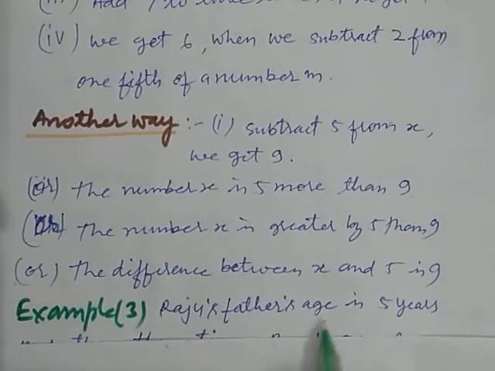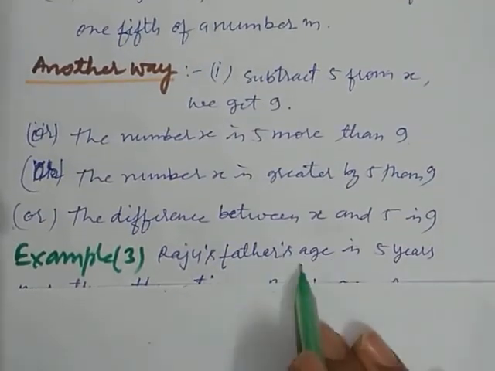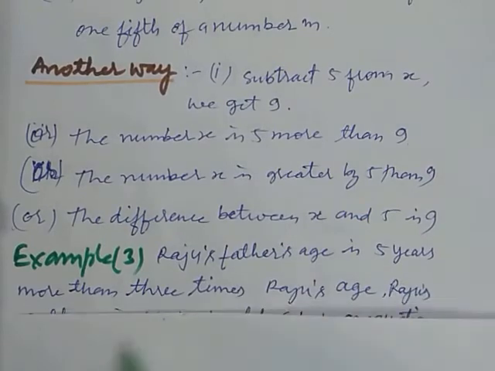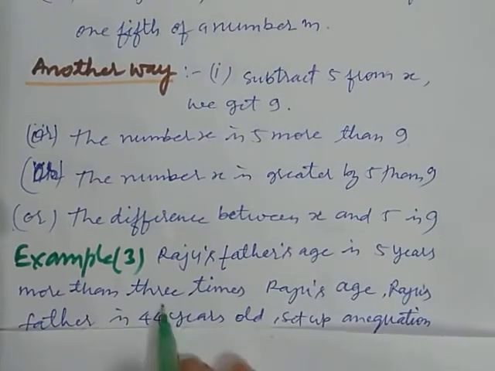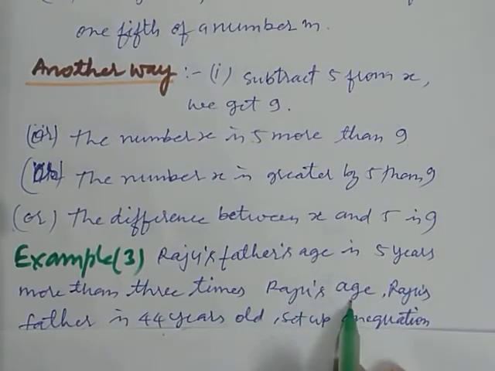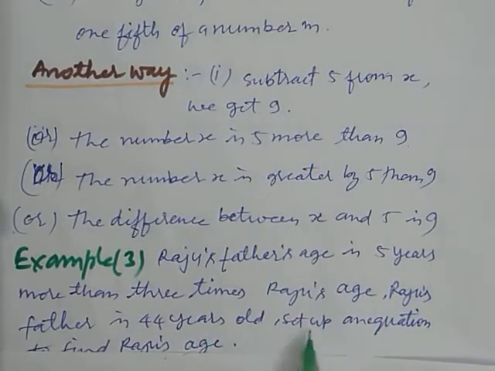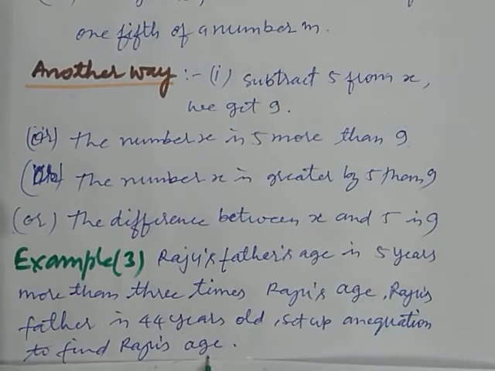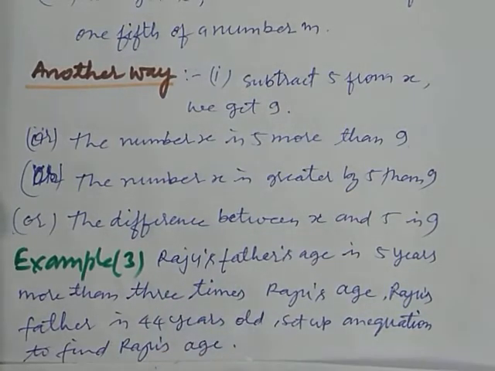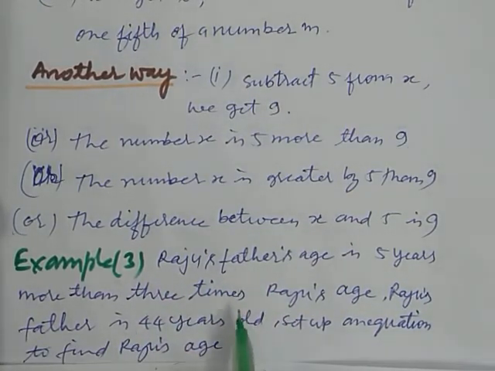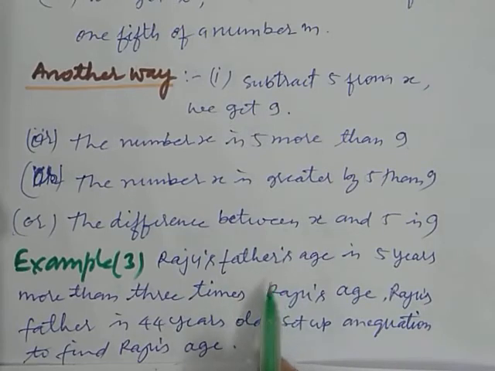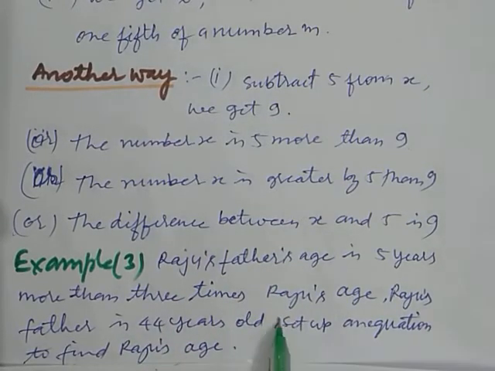Now, next example. Raju's father's age is 5 years more than 3 times Raju's age. Raju's father is 44 years old. Set up an equation to find Raju's age. In this type of question, first you find what is smaller.